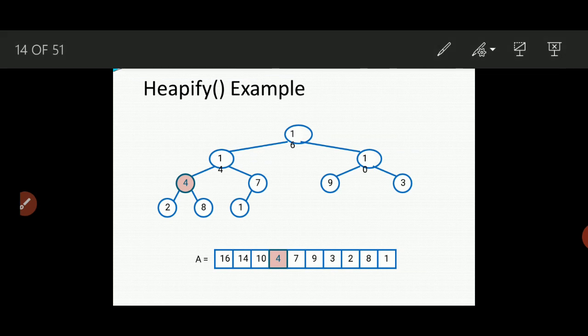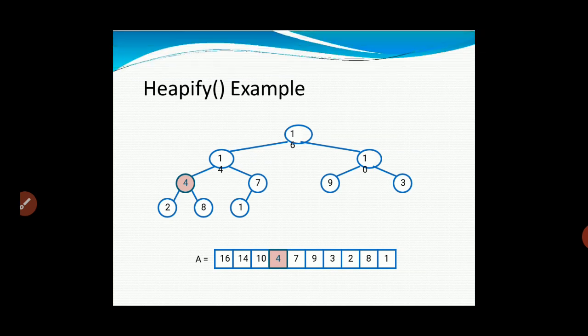After that we see one thing. 14 is in place, but 4 is at the left side of 14. 4 is again a parent node, and it has two children, 2 and 8.